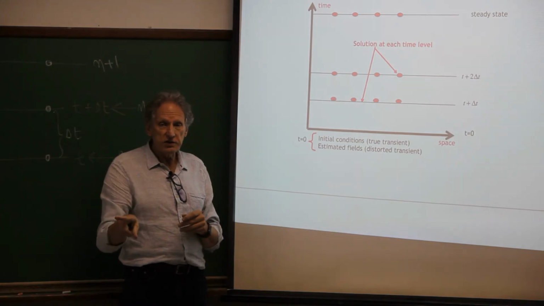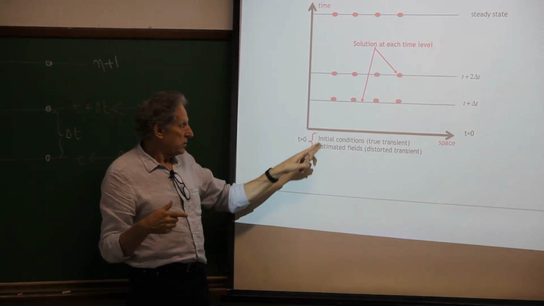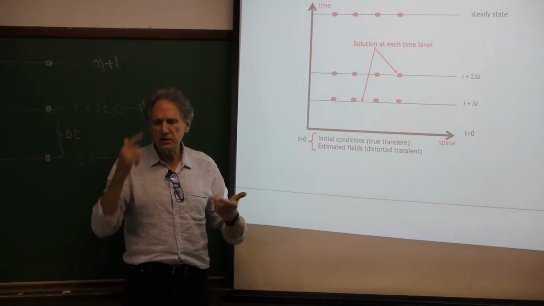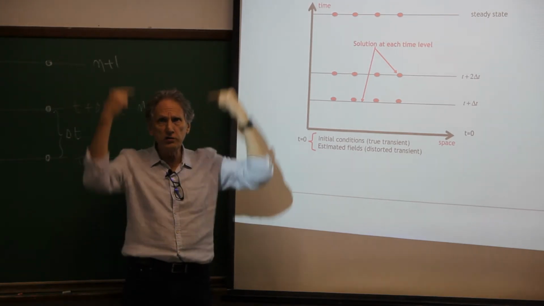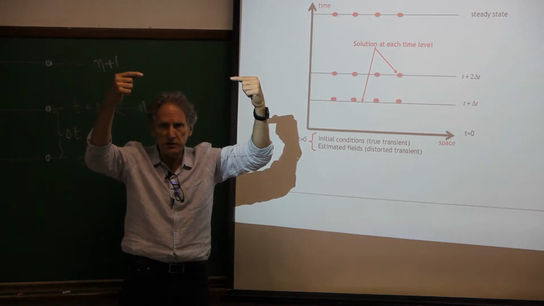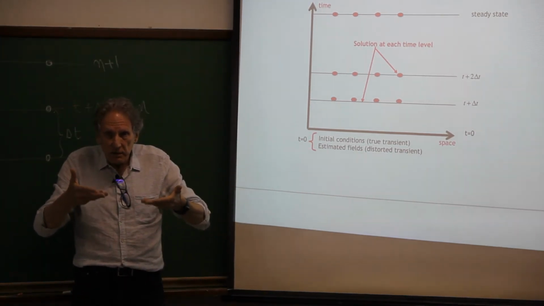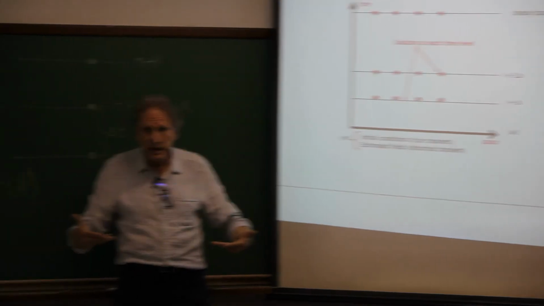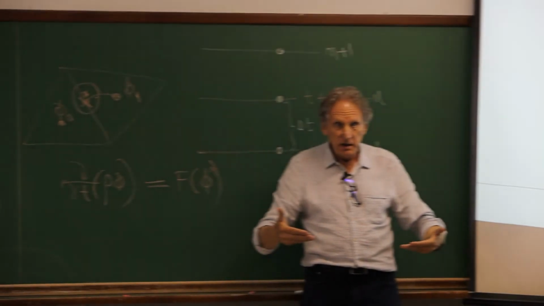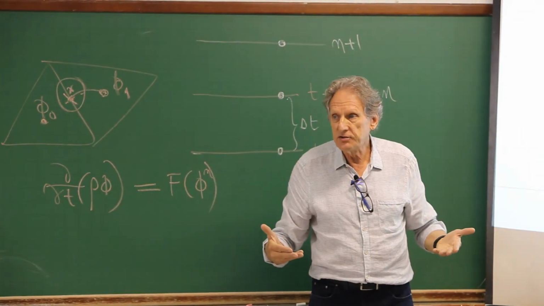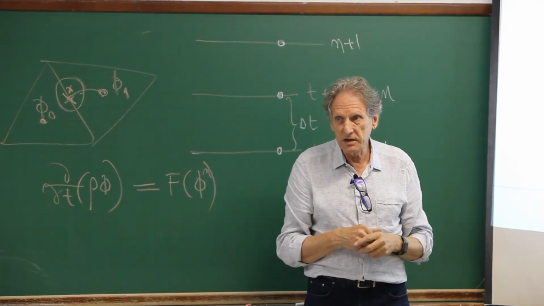You can distort the transient by doing some estimates that you think will be closer to the steady state solution that you want. Of course, the closer the estimates you give in the beginning of the process, the less iteration you will need to get the steady state.